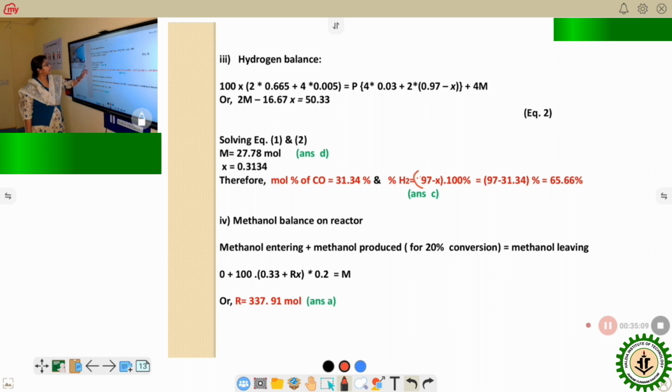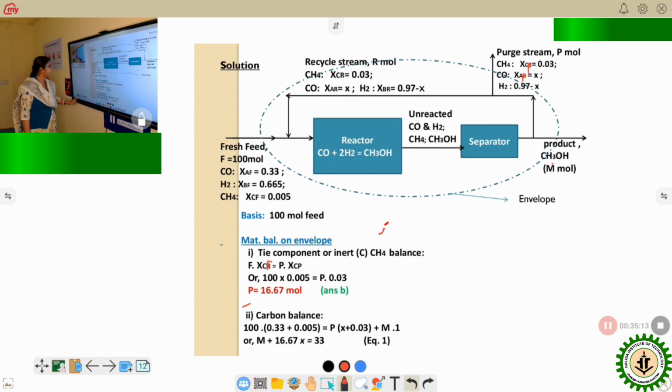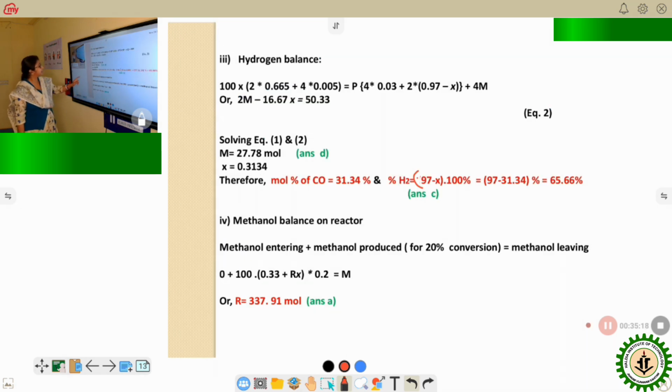Here R we have to determine, only X is determined from here.